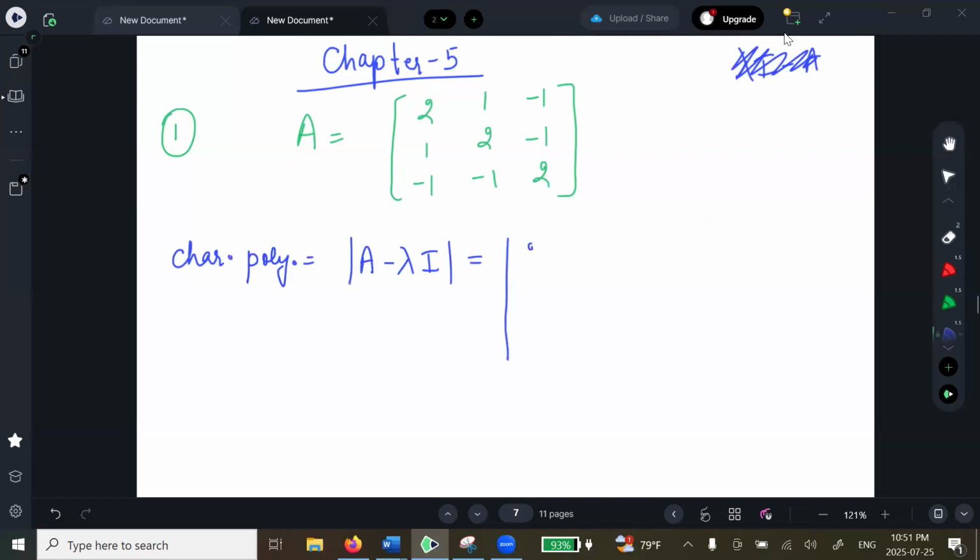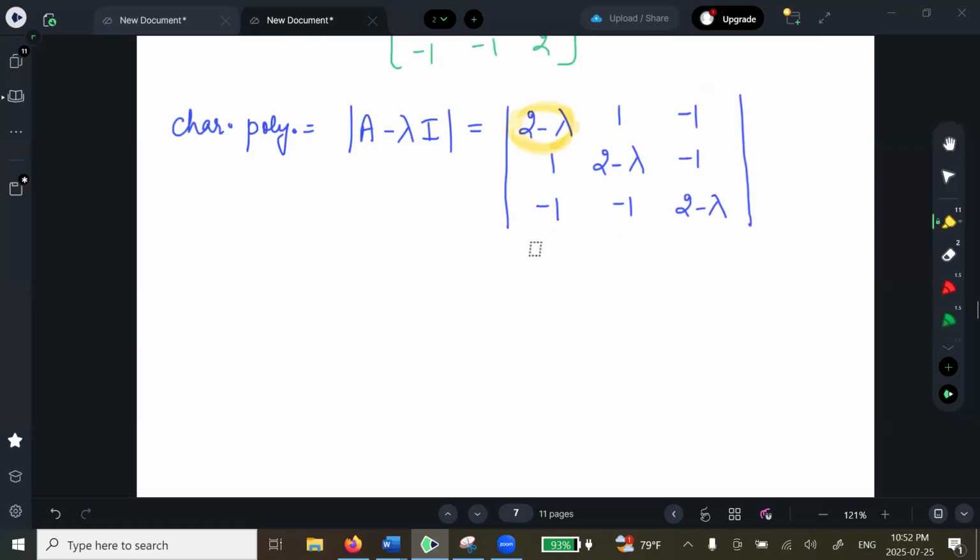So I'm going to subtract lambda, 1, -1, 1. So subtracting lambda from the diagonal entries, 2 minus lambda. Now this is where the students make the most mistakes while expanding the determinant, right? So make sure you practice enough problems.